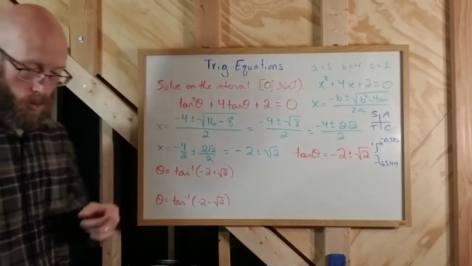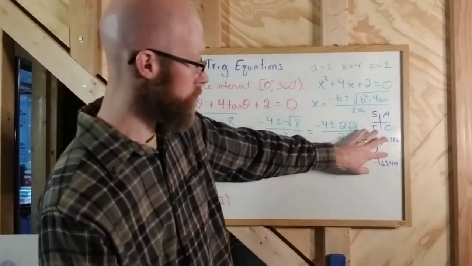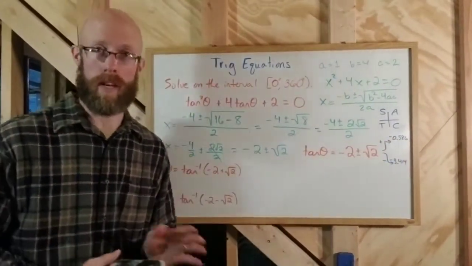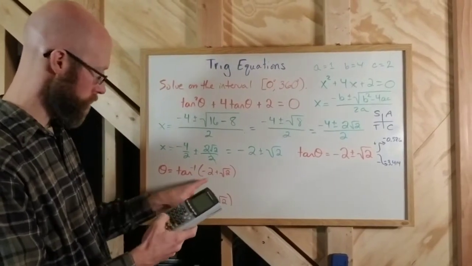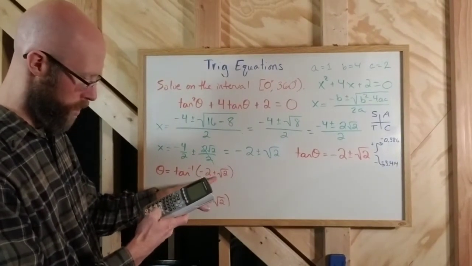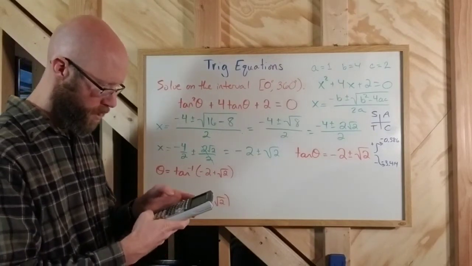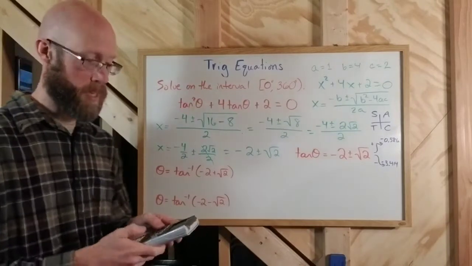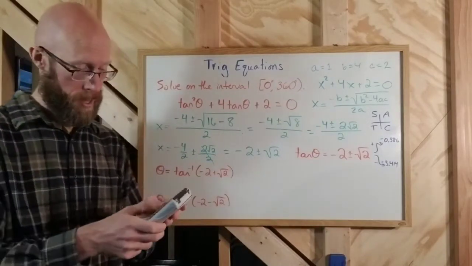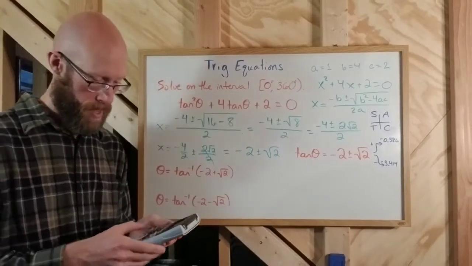Okay, when I punch this into my calculator, and again remember, I don't want to use the rounded decimals, I want inverse tangent of negative 2 plus square root 2. Oh, but I also want to be in degree mode, which I'm not, because I've got degrees up here, right?